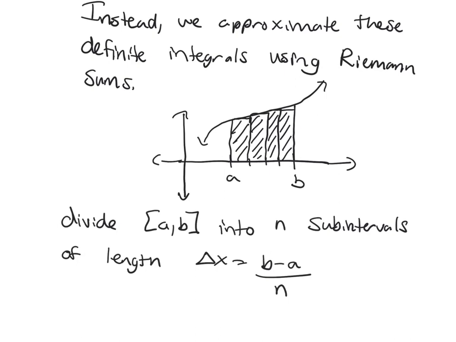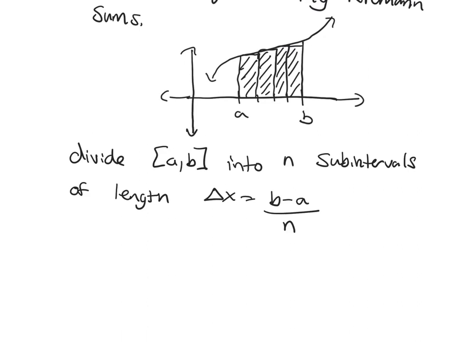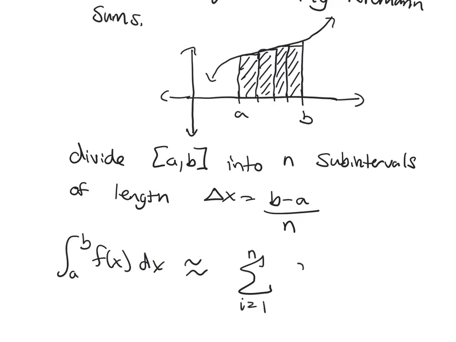Okay, so in the picture, what I did is I cut it up into 4 subintervals because there were 4 rectangles I had, okay? And then I can now approximate the area under the curve, which is this definite integral from a to b. It's approximately this sum, sum from i equals 1 to n of f of xi star delta x. Okay.